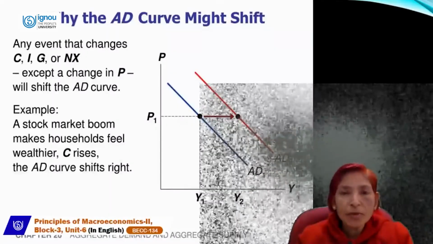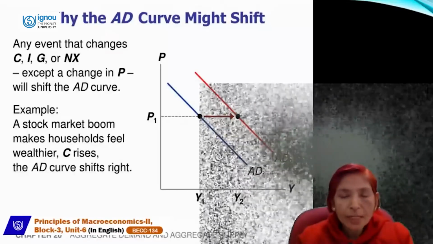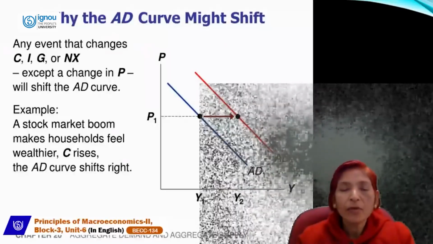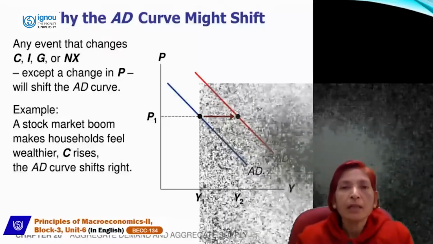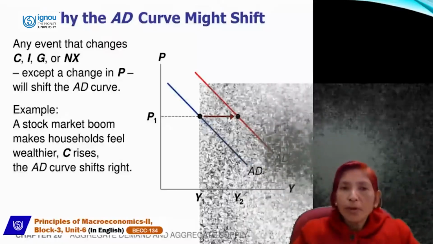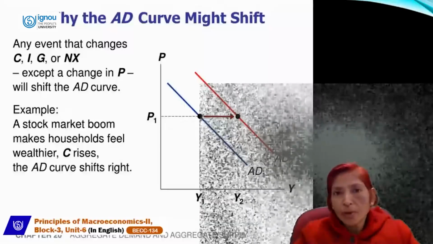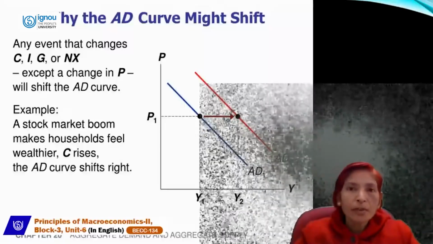This is called a four-sector economy. In a four-sector economy, we can take four components of aggregate demand. Aggregate demand may have two components, three components, or four components, depending on which type of economy we are talking about.